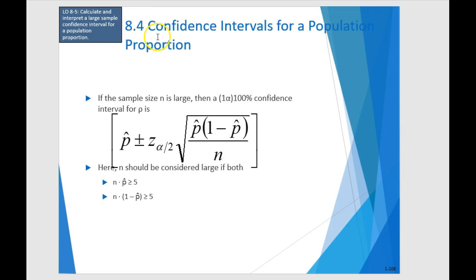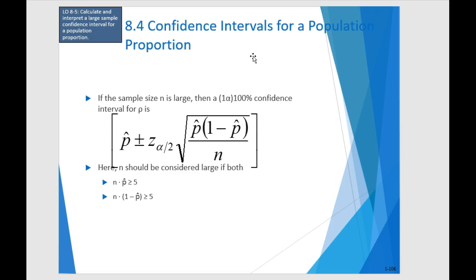So this is how we would do a confidence interval. P hat is going to kind of equate to our x bar. P hat is going to be our sampled proportion. So say we have a sample of n equal 1,000.